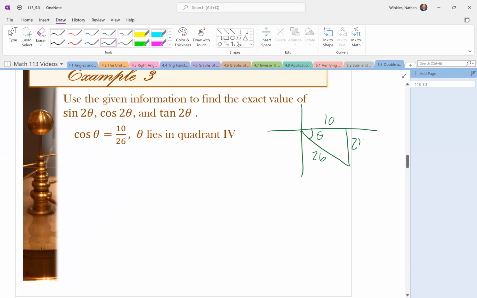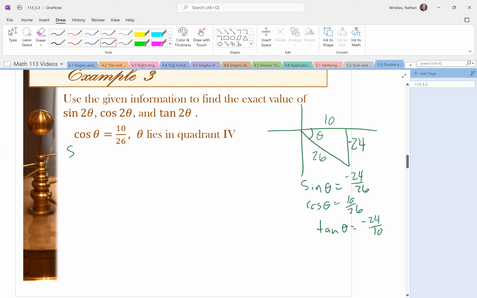So we get a 24 here, a negative 24, so make sure you keep it as negative. Let's go ahead and see that sine of theta is equal to negative 24 over 26. Cosine of theta was given as 10 over 26. And tangent of theta is negative 24 over 10.